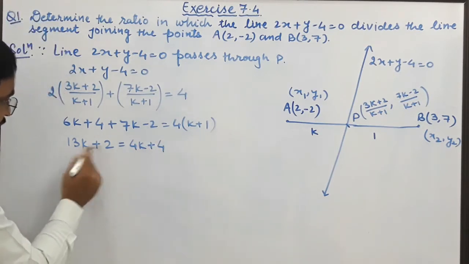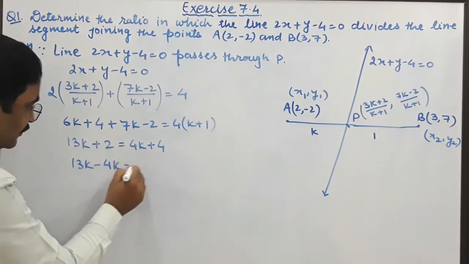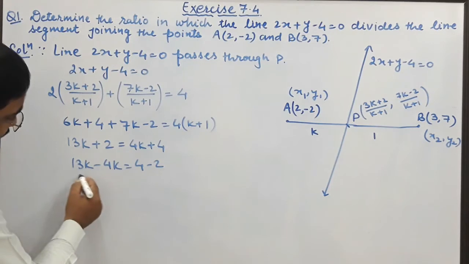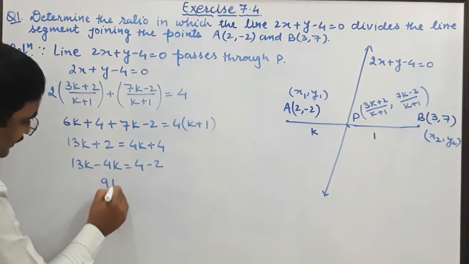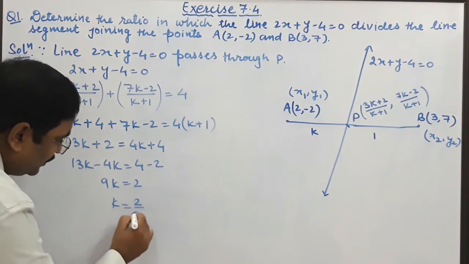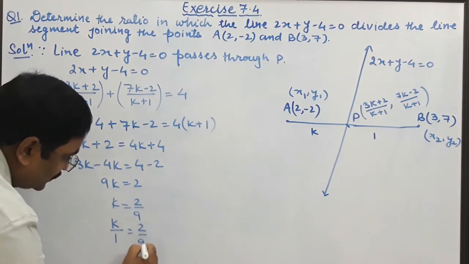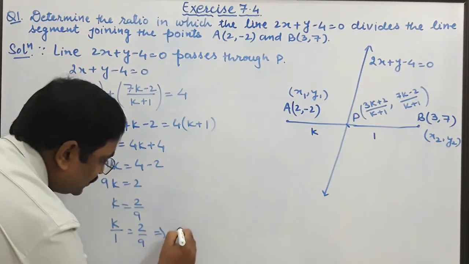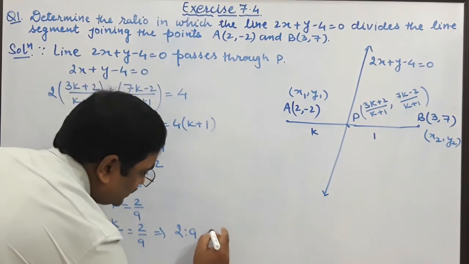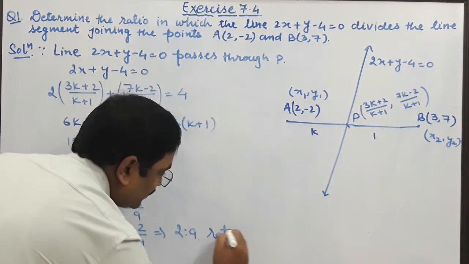Therefore, we will get 13k minus 4k equals to 4 minus 2. So 9k is equals to 2, and k is equals to 2 upon 9. Therefore, k is to 1 is equals to 2 is to 9. So, the ratio of the division is 2 is to 9.